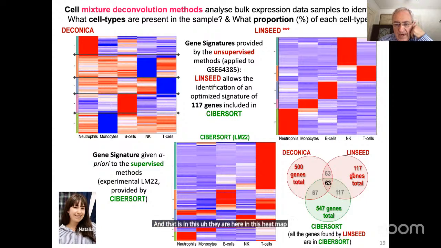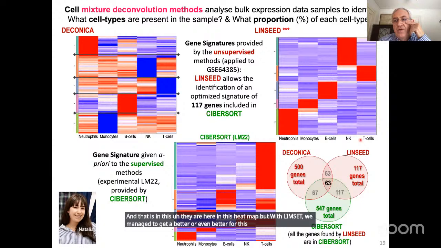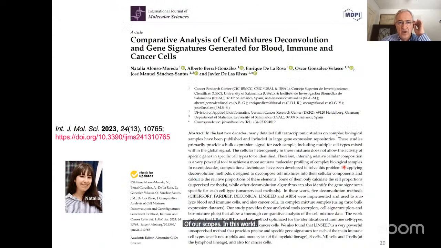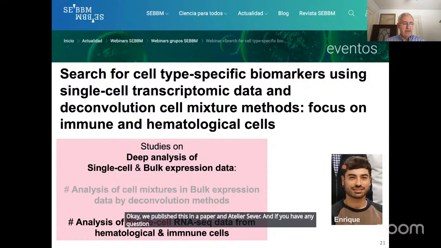But with Linset, we managed to get a better, or even better, separation for these five major cell types with only 117 genes. In this way, we managed to get a more specific signature. That was one of our scopes in this work. Okay, we published this in a paper, and Natalia is the first author. And if you have any question, you can ask me about that.